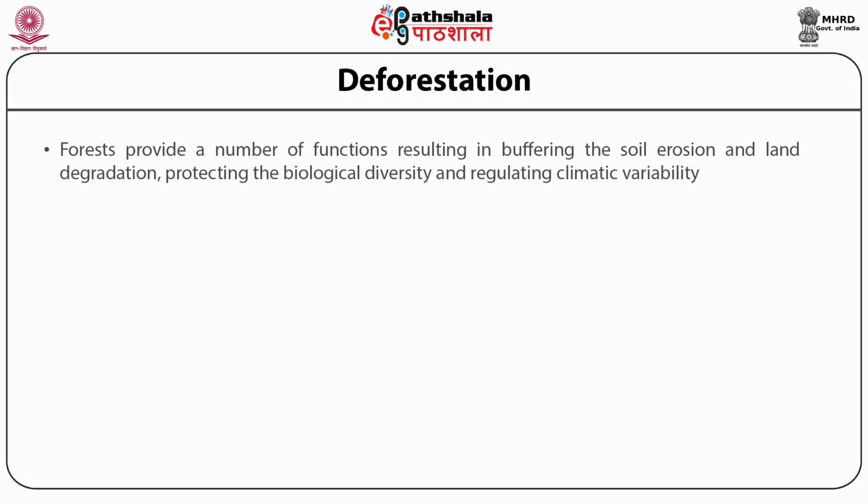Deforestation. Forests provide a number of functions resulting in buffering the soil erosion and land degradation, protecting the biological diversity and regulating climatic variability. The deforestation had disrupted these functions.